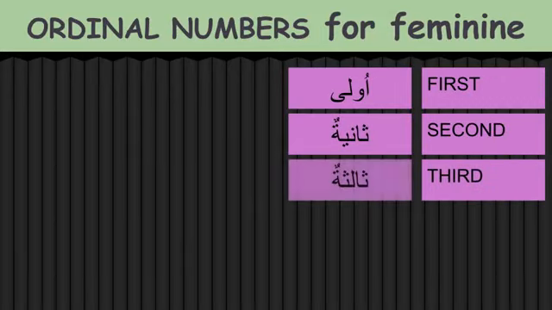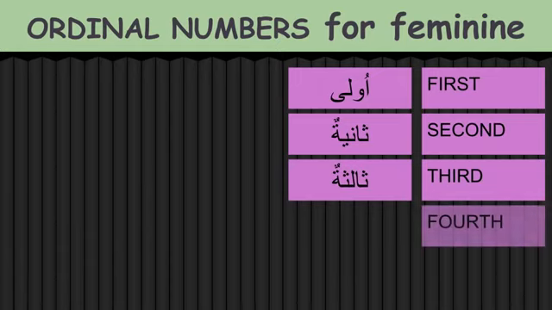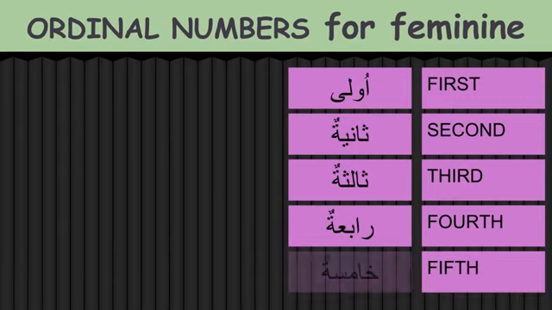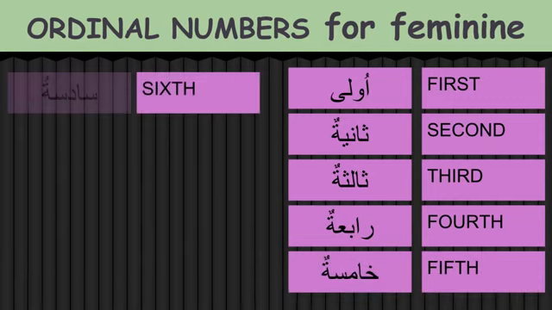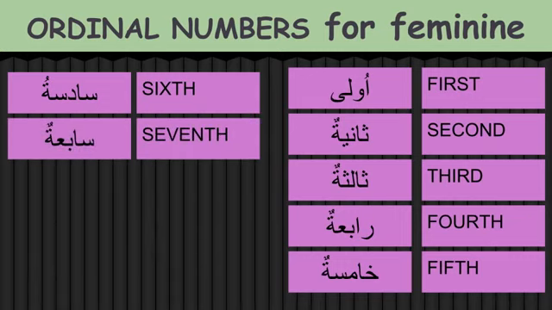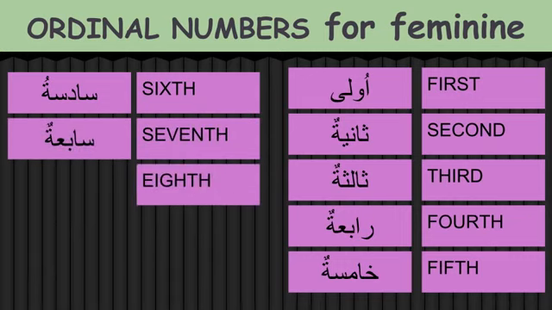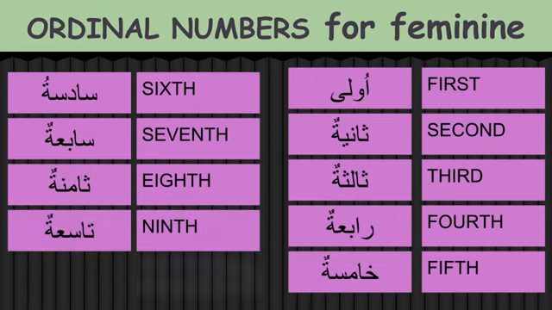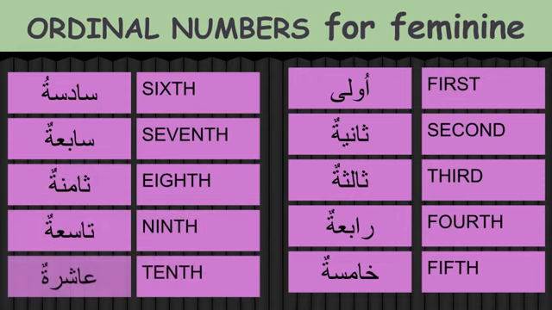Third will be thalithatun, same fa'ilatun. Fourth will be rabi'atun. Fifth will be khamisatun. Sixth will be sadisatun. Seventh will be sabi'atun. Eighth will be thaminatun. Ninth will be tasi'atun. And 10th will be ashiratun.